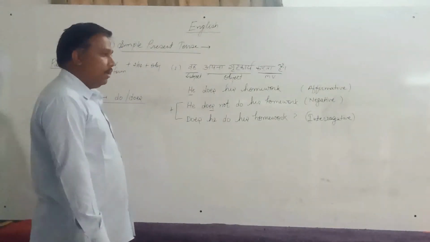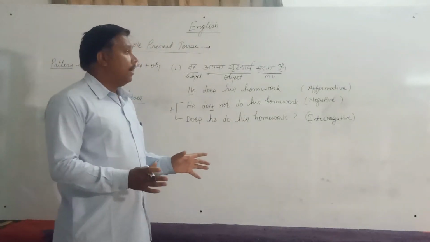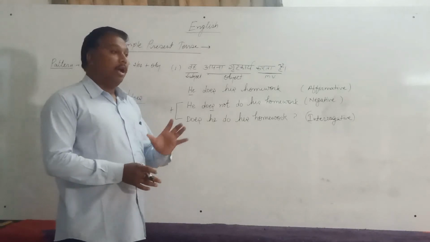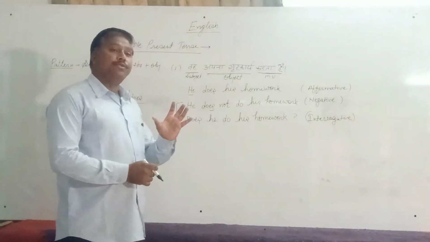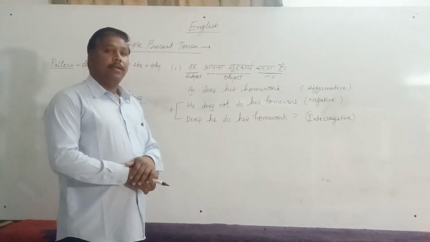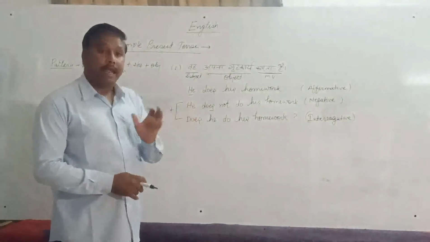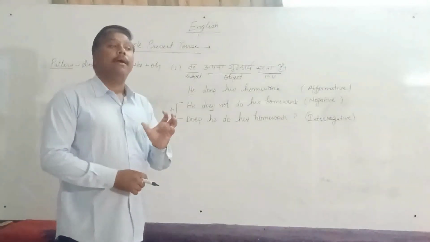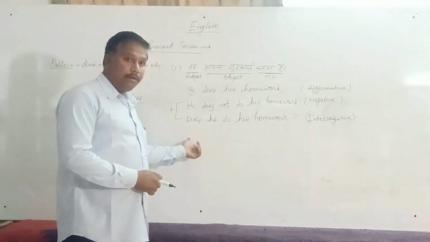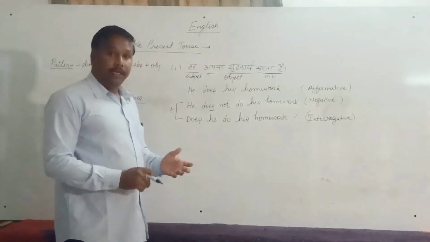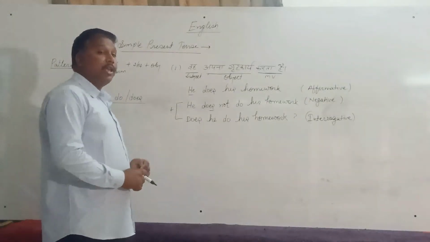So what will it be? As I am telling you, according to our type of sentence, that is interrogative negative. First of all, we will create the interrogative, and for creating an interrogative sentence we use a helping verb.